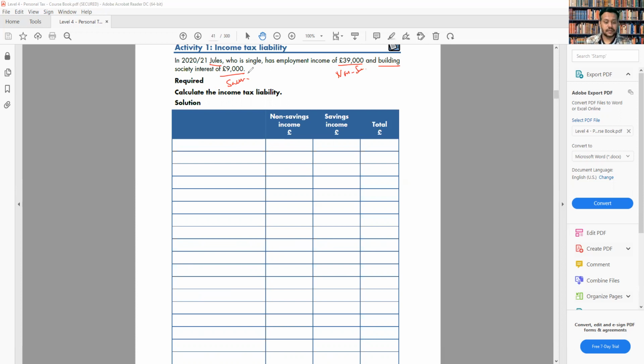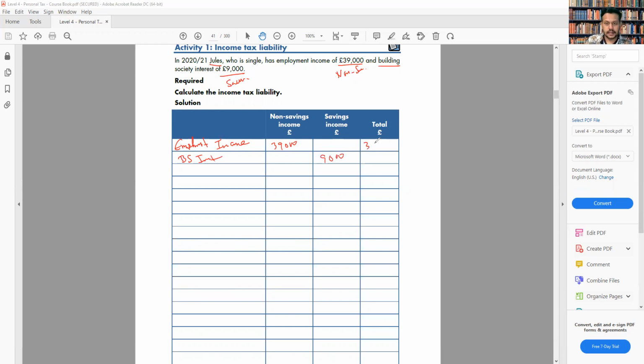Now the next thing we have to do is put it in the right box to see how much is the total taxable income. So let's do that. We have employment income, that is 39,000, that is non-savings. And we have building society interest, that is savings income, 9,000.